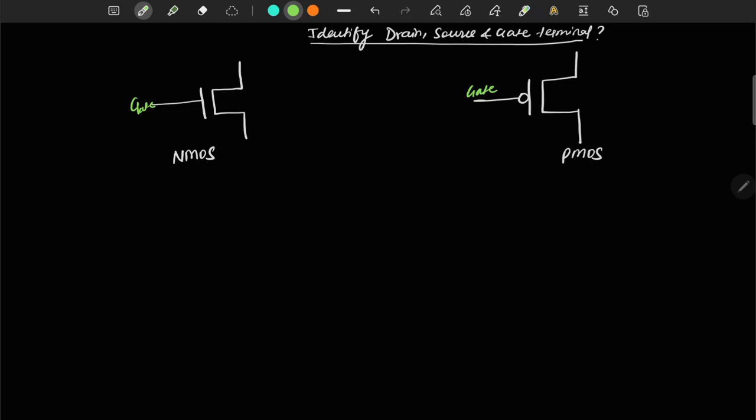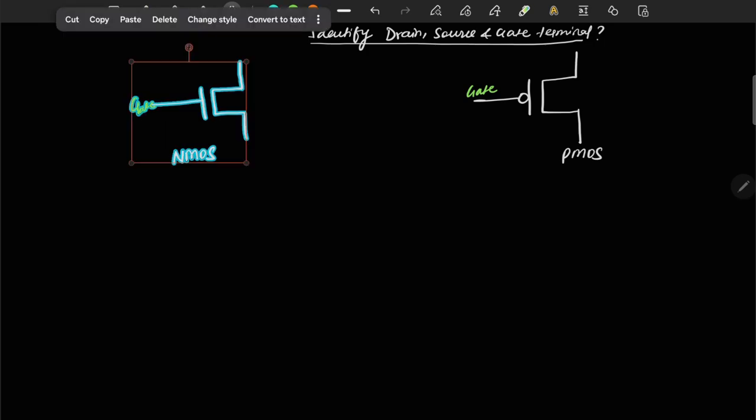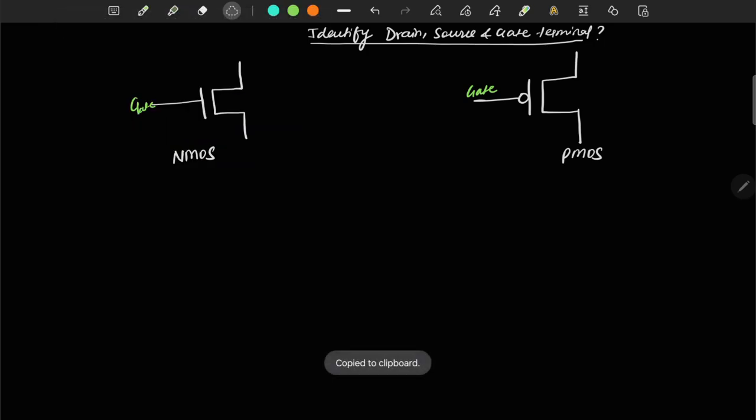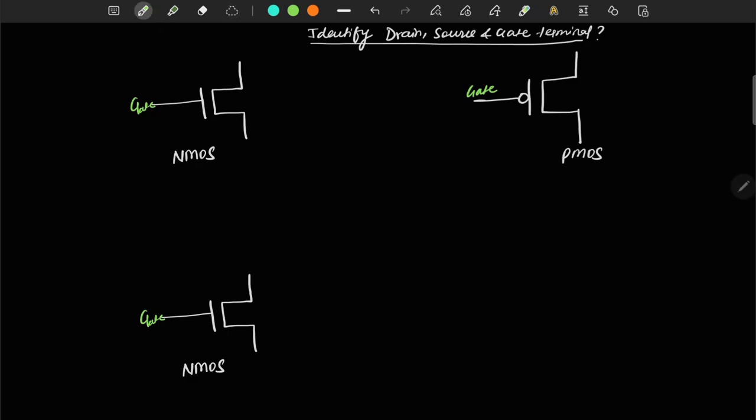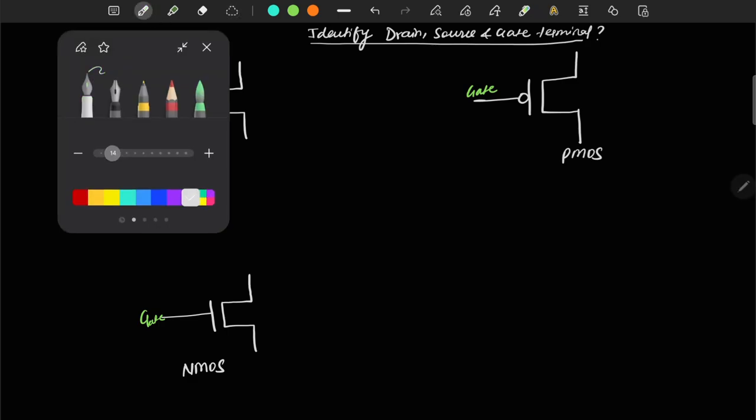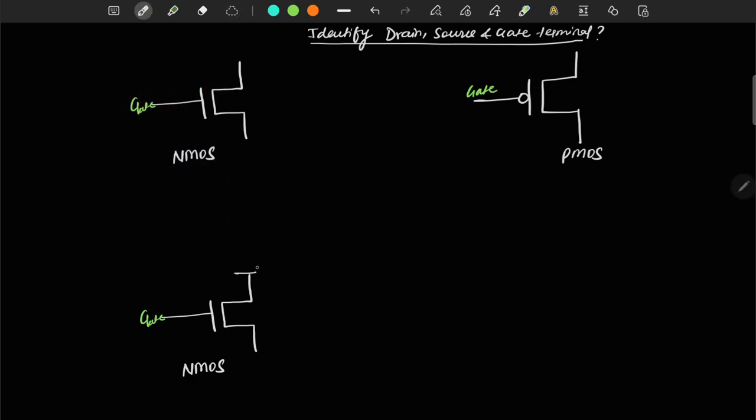Now, which is source and which is drain? We cannot simply say which one it would be. For this, we require the potentials, what potentials we are applying. So for this NMOS, let's apply the potential and check how it is behaving.